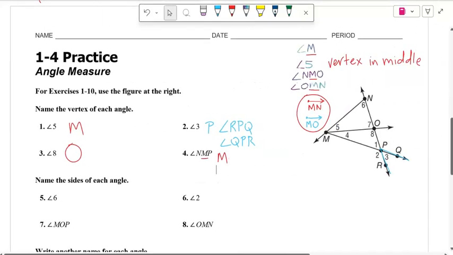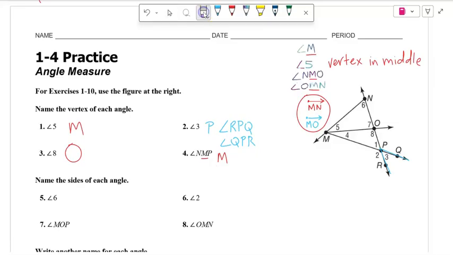Guys, I can't stress enough that being able to see a figure like this and break it down into all the different angles and label each one of them is, I'd say, more than half of the battle with these problems.